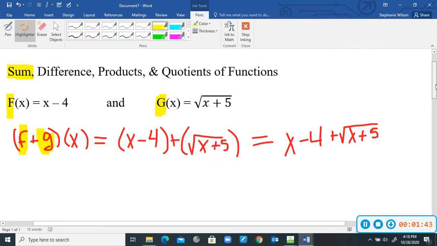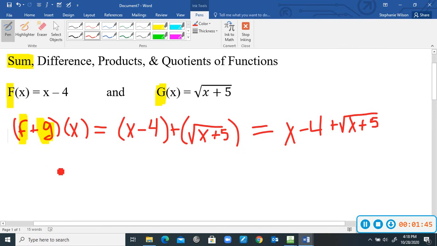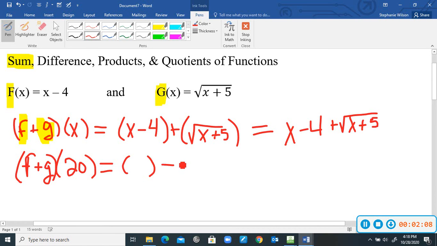What if I said let X be some value? So what if I said F plus G, let's say X is 20. Then that means when I add these two together, everywhere I see X, I'm going to plug in the 20.